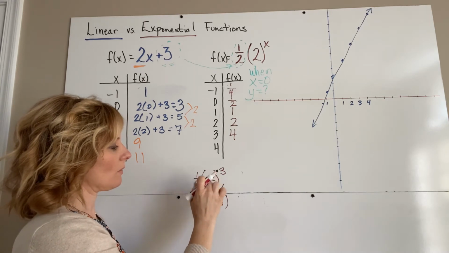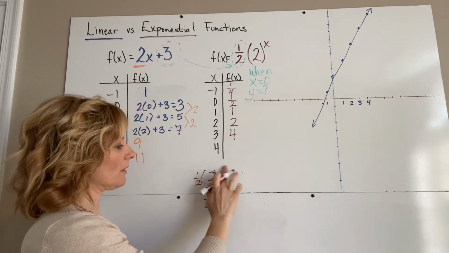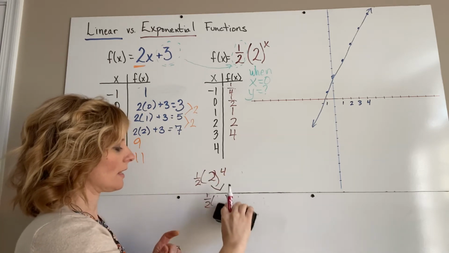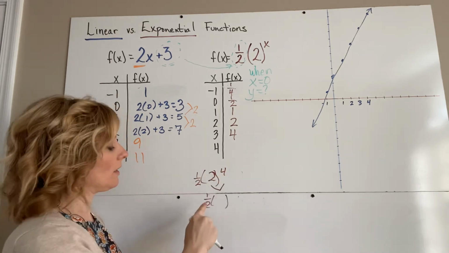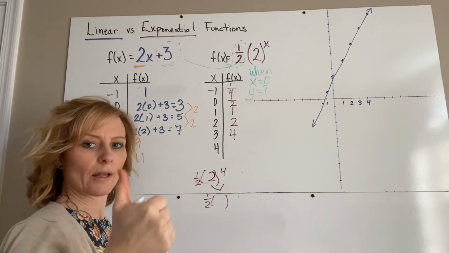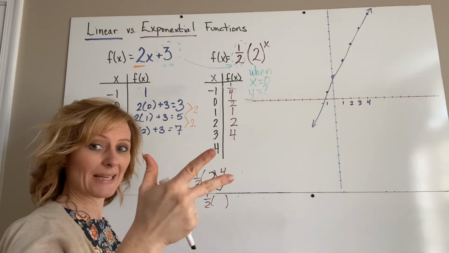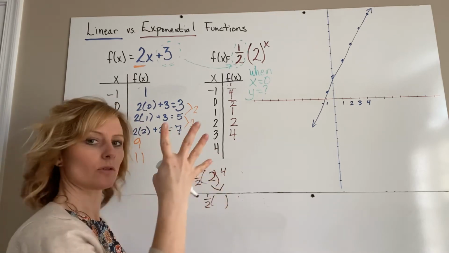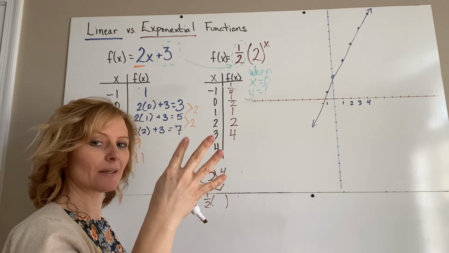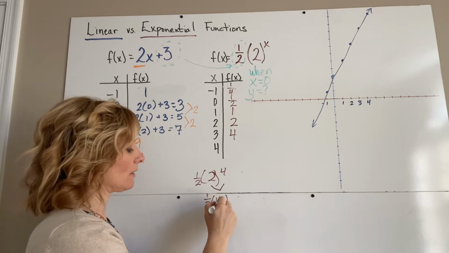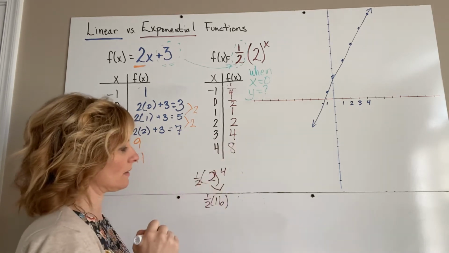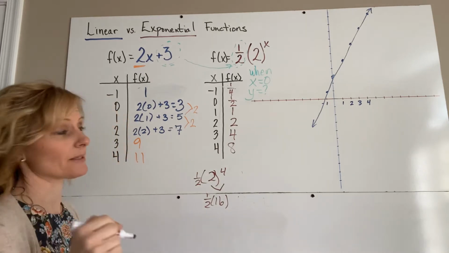This is our x value, right? Our x is in the exponent, so it's exponential. 2 to the fourth: 2 times 2 times 2 is 8, times 2 more, so we have 4 of them. 4 2s would not be 8, it's 16. What's 1/2 of 16? 8.